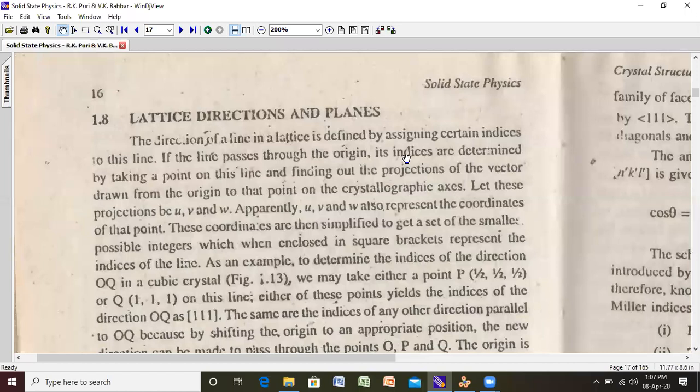crystals we also do the same thing, and we use square brackets to represent a vector, and we use small brackets, parentheses, for the planes, for the direction of planes. A plane is a 2-dimensional symmetry, like this is a plane, and a vector is a 1-dimensional line which actually connects the 2 points.